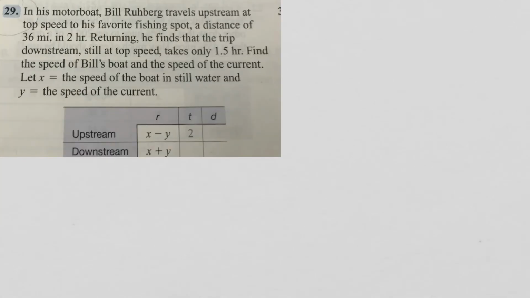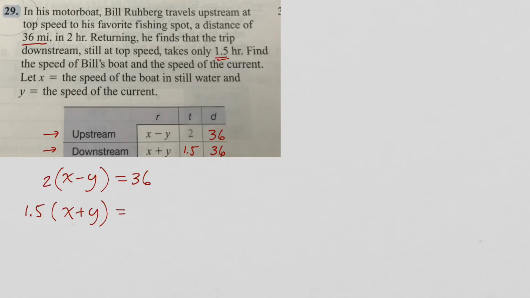Okay, so it says that the fishing spot is 36 miles away, and so the round trip is also going to be 36 miles each way. But he says that the round trip only takes 1.5 hours. Well, we have two equations here. The rate times time, so we have 2 times x minus y is equal to 36. That's this equation. And this equation will be 1.5 times x plus y.